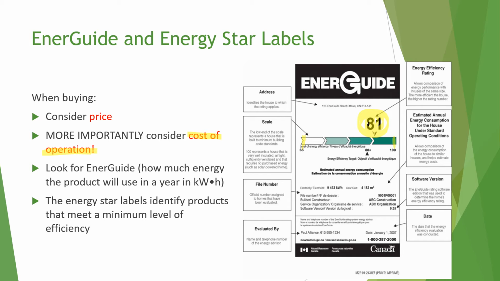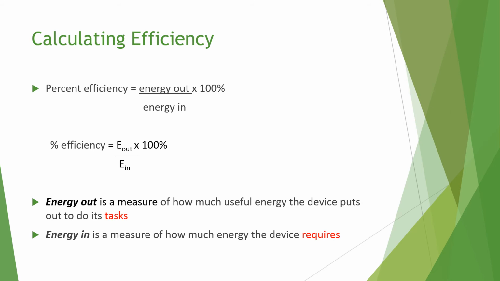So look for EnerGuide, how much energy the product will use in a year in kilowatt hours. The Energy Star label identifies products that meet a minimum level of efficiency. So you're always going to want to choose products that have these Energy Star labels because they are meeting the minimum requirements of efficiency.